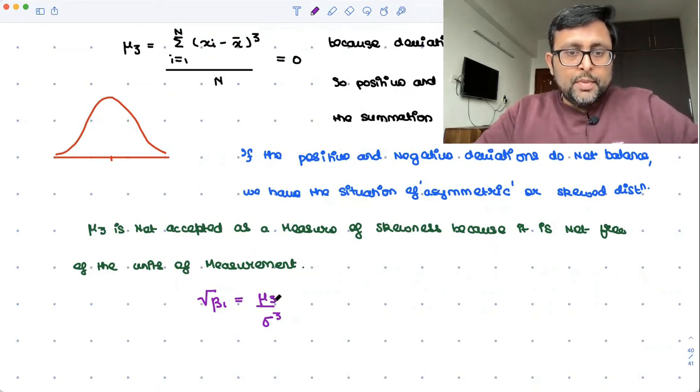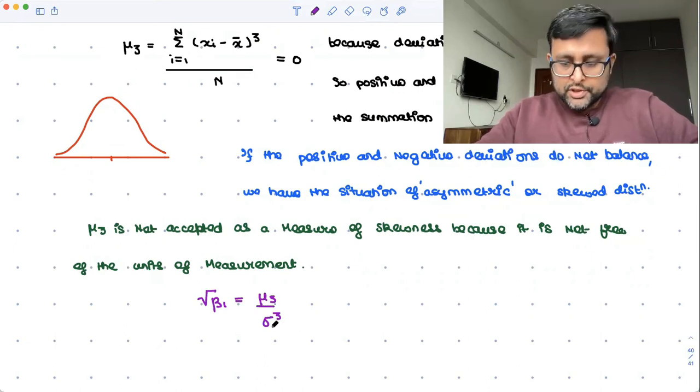The units of measurement of mu3 are going to be the units of xi to the power 3. Similarly, the units of measurement for sigma cube will also be the units of xi to the power 3. So that is going to get cancelled out and you will have a scale-free measure, right? So it is free of the units of measurement.